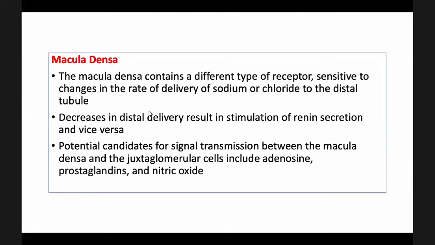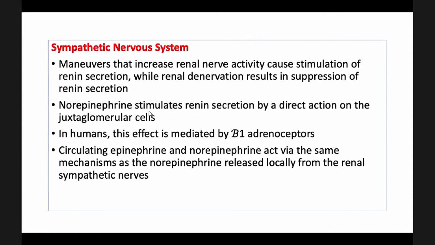Potential candidates for signal transmission between the macula densa and the juxtaglomerular cells include adenosine, the prostaglandins, and nitric oxide.